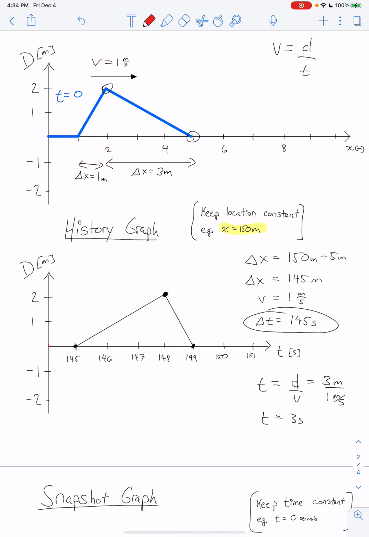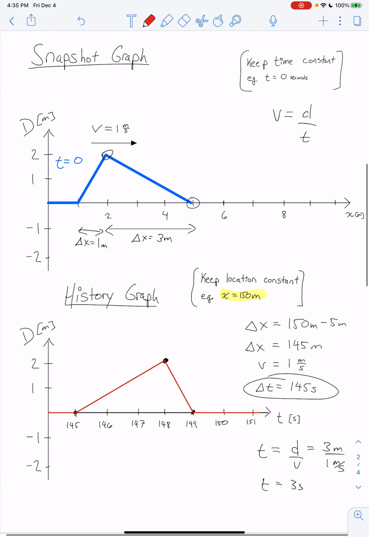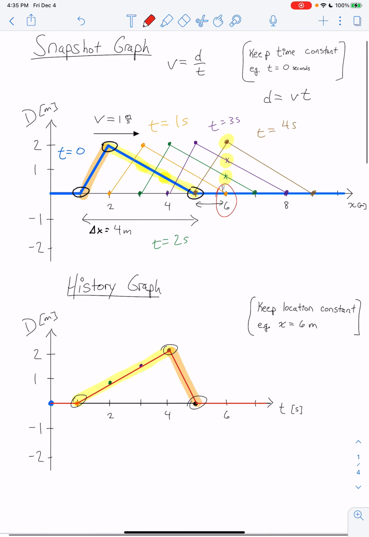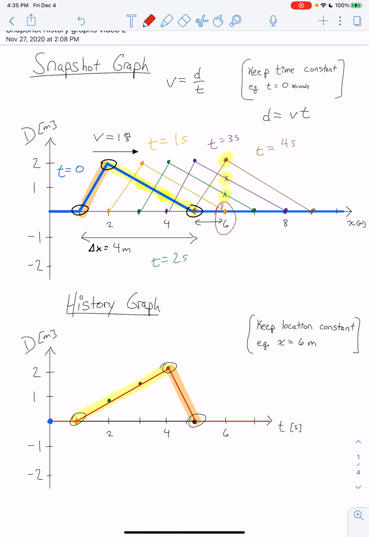I'll do it in red just to be consistent. And notice that it looks essentially identical to what we did for x is equal to 6. Let's just compare. Yeah, that looks identical. The only difference is the time axes.